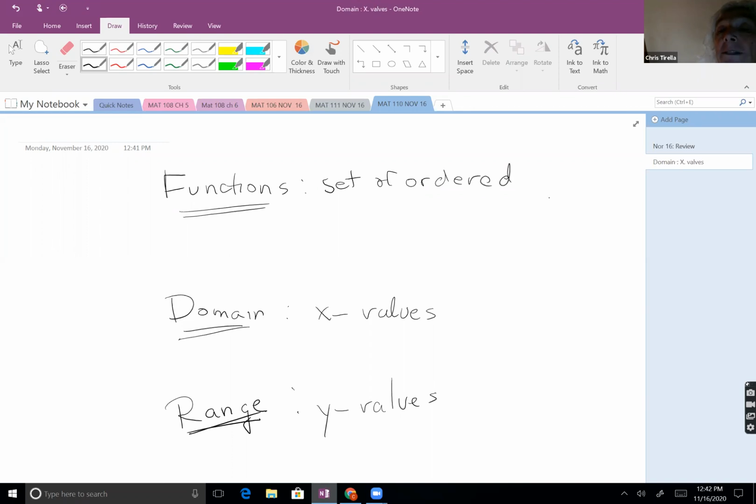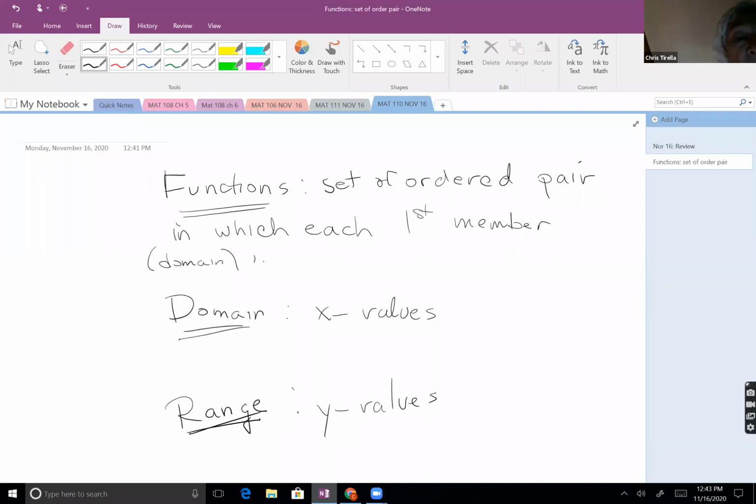But what makes it a function is that each member of the domain is paired with exactly one member of the range. So each member of the domain is used only once. So it's a set of ordered pairs in which each first member, which is the member of the domain, is paired with exactly one member of the range.